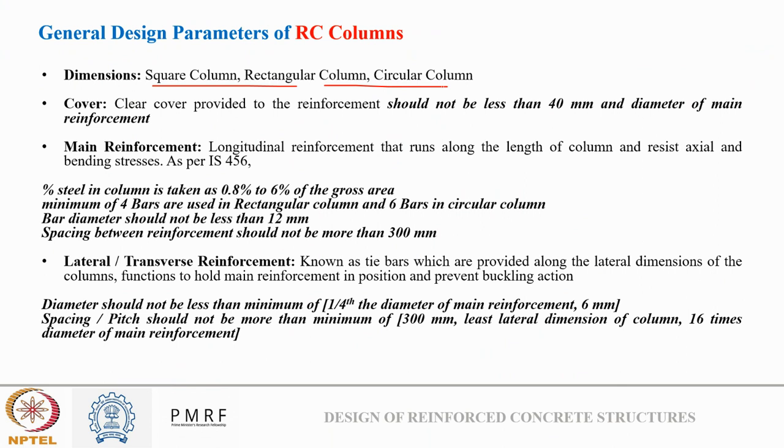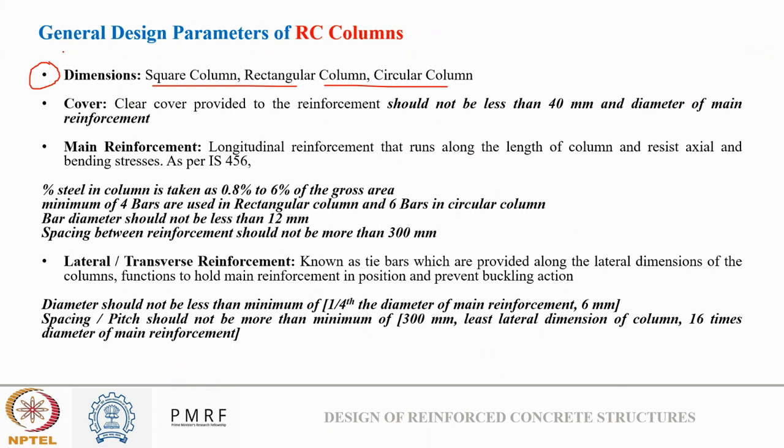So, our first decision-making part while designing is the dimension and what the shape of the column can be. So whenever we are designing a column, the first thing that we need to care for is what dimension we require. Are we needed to provide a circular column, or a rectangular or a square column? So that is the first decision-making point.